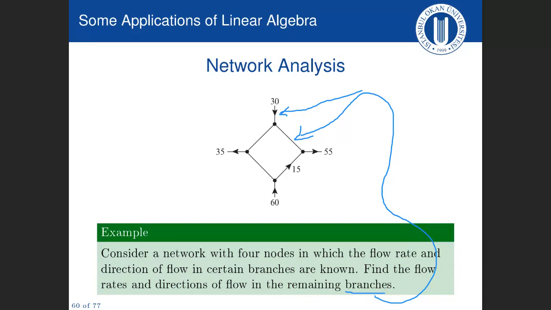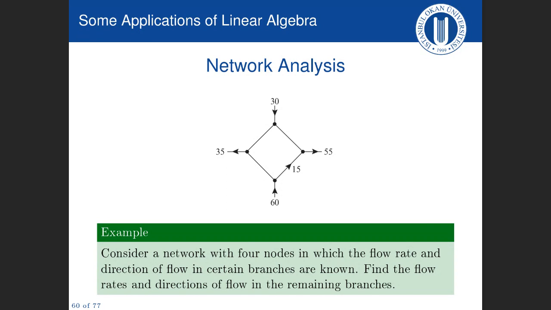And each one of these points where they meet is called a node. Each one of these black circles is a node. Consider a network with 4 nodes in which the flow rate and the direction of flow of certain branches is known. Find the flow rates and the directions of flow in the remaining branches.